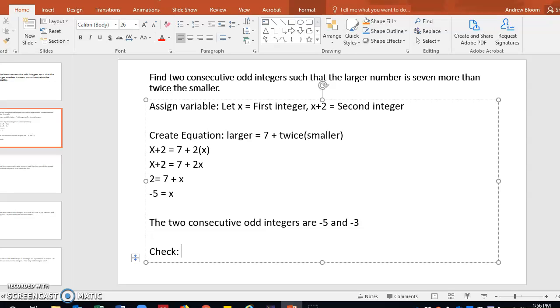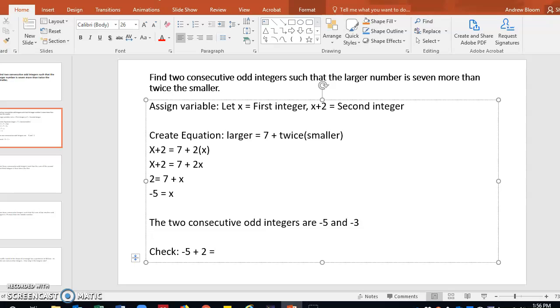When we're looking at a word problem, yes, we want to make sure that negative 5 solves our equation that we had, but we also want to check to make sure that our answer is reasonable. We were told that we were looking for two consecutive odd integers, and negative 5 and negative 3 are consecutive and odd, so they meet that requirement.